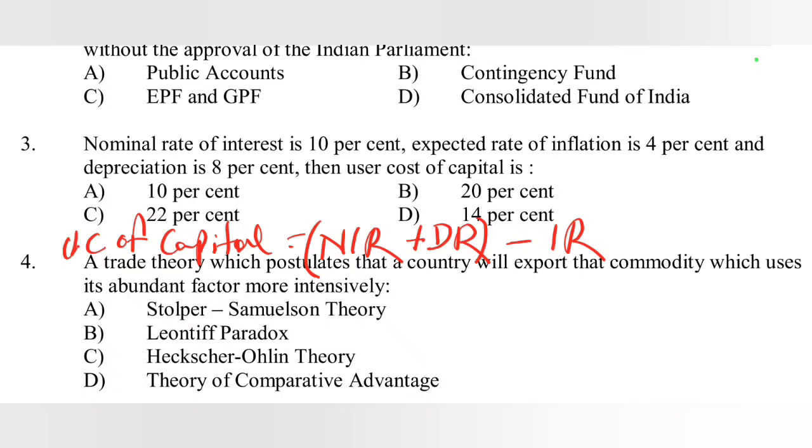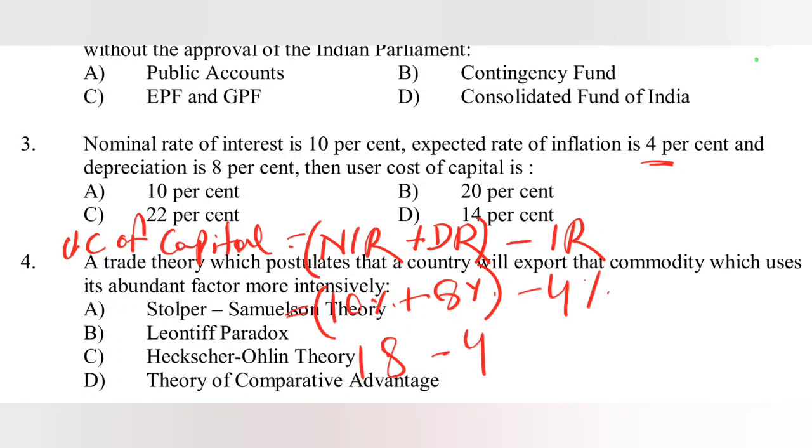Here the nominal interest rate is 10%, plus depreciation rate 8%, minus inflation rate 4%. So 10 plus 8 is 18, and 18 minus 4 is equal to 14%.